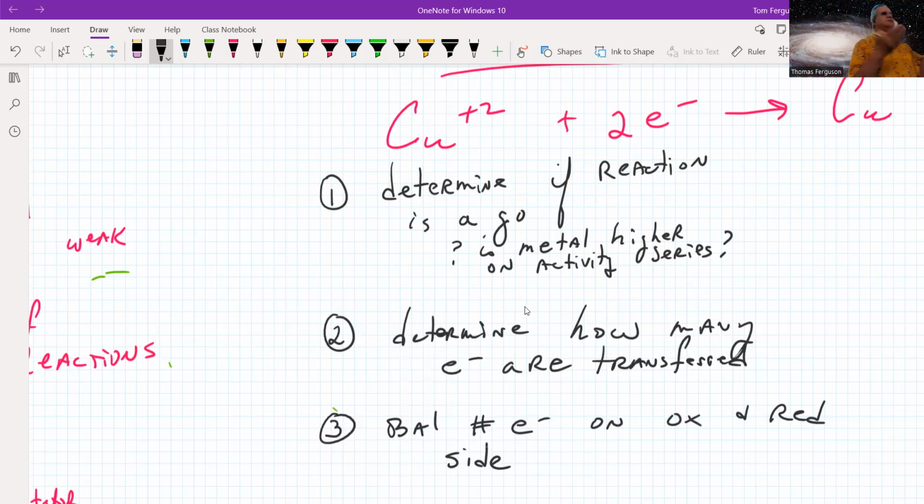And you need to balance those numbers. Just like if something releases 3 and another accepts 2, then you can have that 6 thing again. So you need to multiply the one that gives 3 by 2, and the one that receives 2 by 3. So it ends up being 6 and 6.